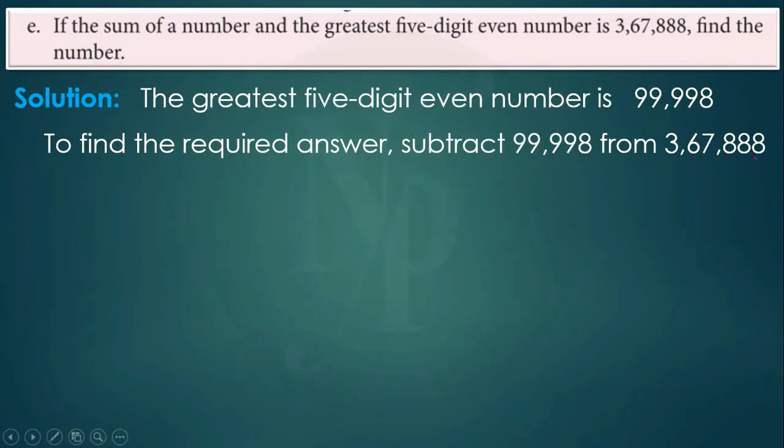So here, to find the other number which is asked in this question, we have to subtract the greatest 5-digit even number, that is 99,998, from 3,67,888. Let us do that now.